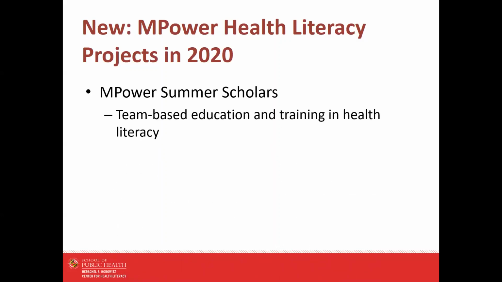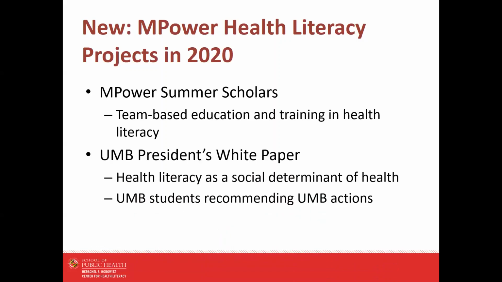They're going to be looking at team-based education and training in health literacy, and then that's going to carry over into something called the UMB President's White Paper, looking at health literacy as a social determinant of health. And UMB students will be recommending actions that the university can take to address health literacy as a social determinant.